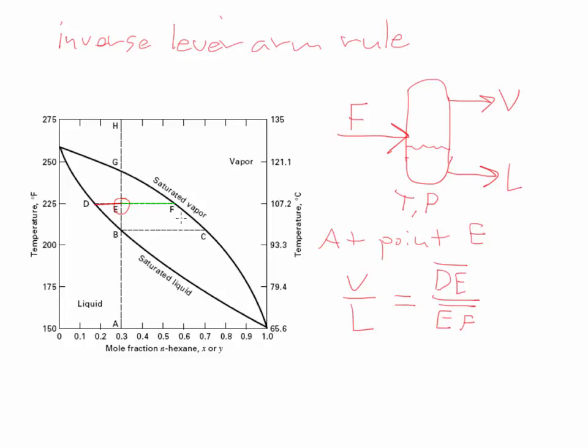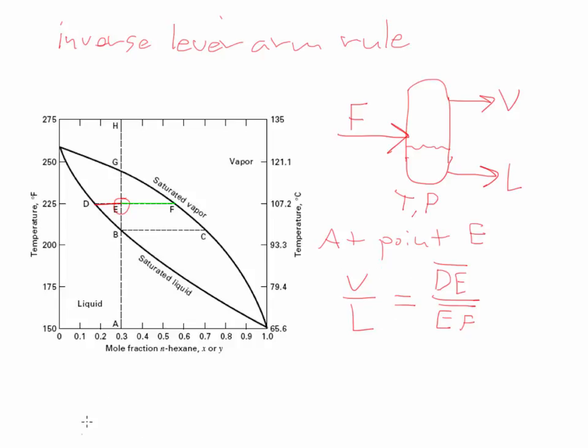And this is why it's called the inverse lever arm rule, because here you have V over L, but on the other side of the equation you have the line segment closer to the liquid over the line segment closer to the vapor, right? And it makes sense that the closer you are to the saturated liquid curve, the more liquid you'll have. So the smaller you would expect this ratio to be. All right, so you want the line segment closer to the liquid to be in the numerator, the line segment closer to the vapor to be in the denominator, and this gives you vapor over liquid.